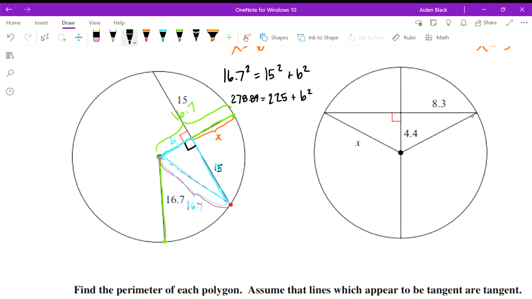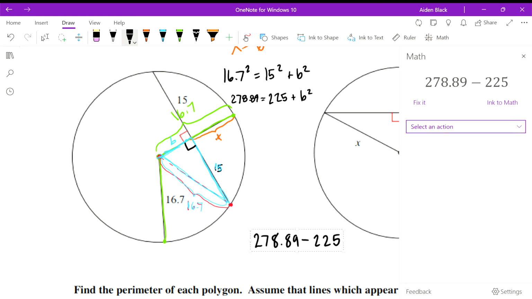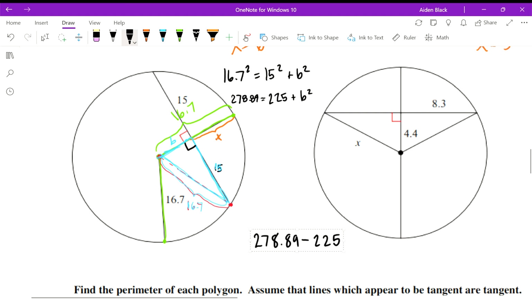So let's take 278.89 and subtract 225. This is 53.89, which is equal to b squared.